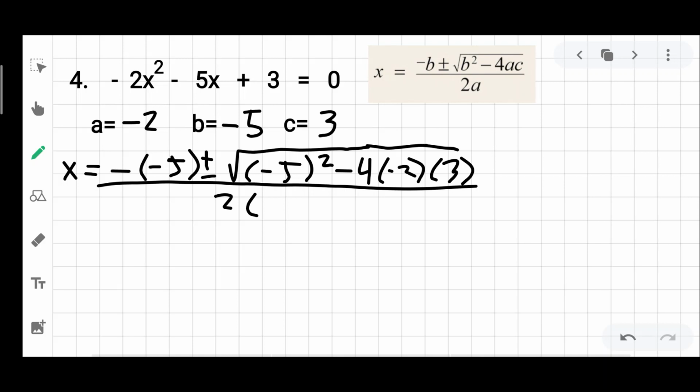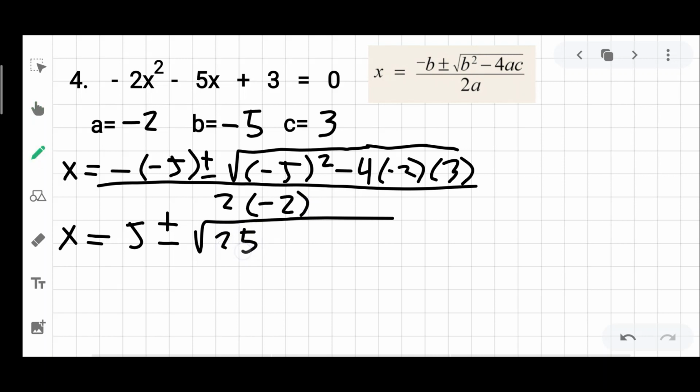Yung a natin is negative 2. Copy x equals negative times negative 5. The answer is positive 5. Plus or minus square root of negative 5 times negative 5. The answer is positive 25.